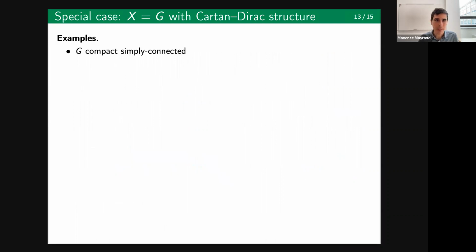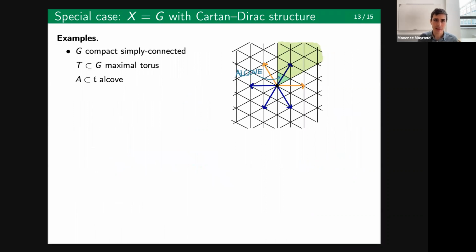Okay, another example: take a compact simply connected group with maximal torus T and a dominant alcove, which is a fundamental domain for the affine Weyl group. This is the example for SU3. We're taking the alcove whose closure contains 0 in a given Weyl chamber.